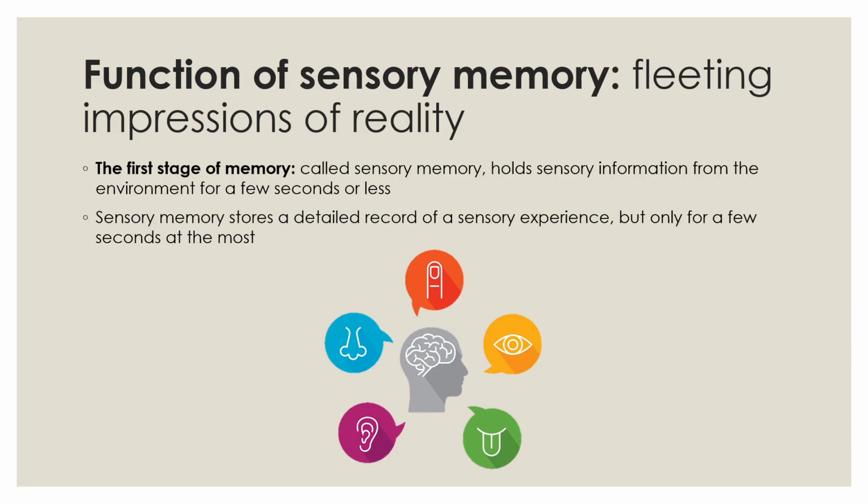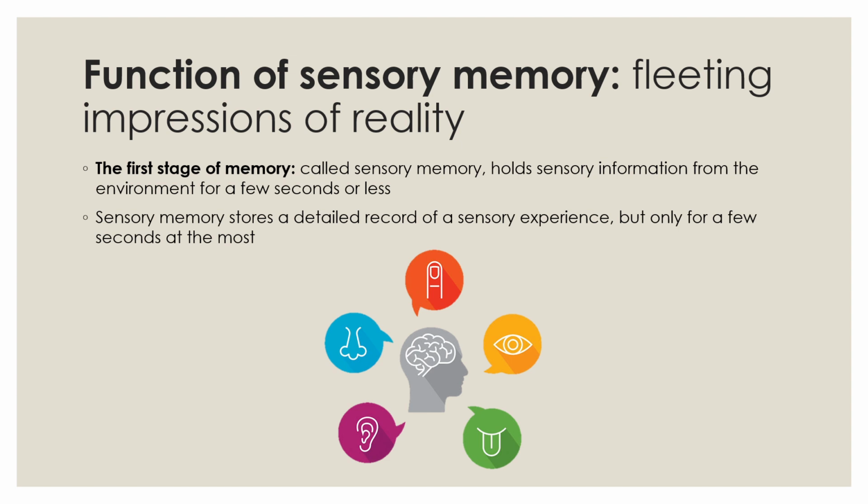So the function of sensory memory is fleeting impressions of reality. This is the first stage of memory, called sensory memory, and it holds sensory information from the environment for a few seconds or less. By a few seconds or less, I mean like 1/4 of a second to 3 seconds. Sensory memory stores a detailed record of a sensory experience, but only for a few seconds at the most.